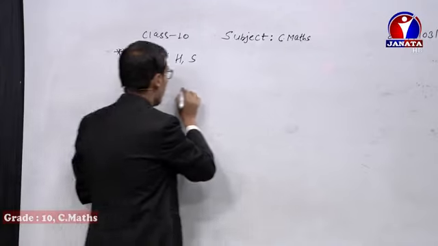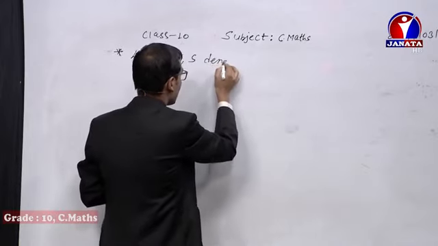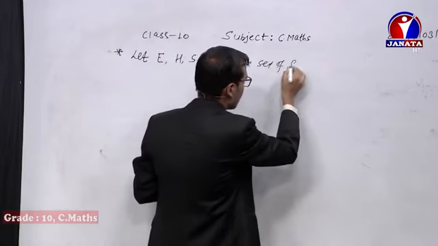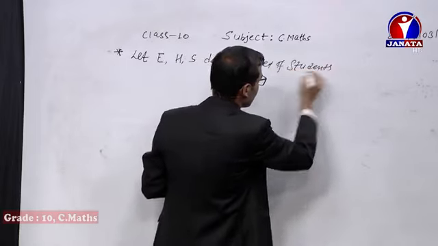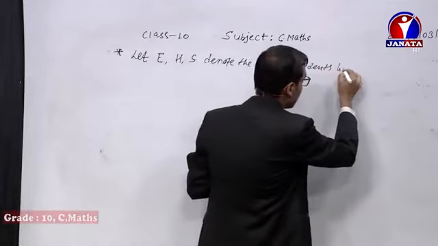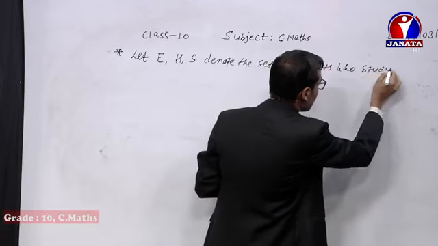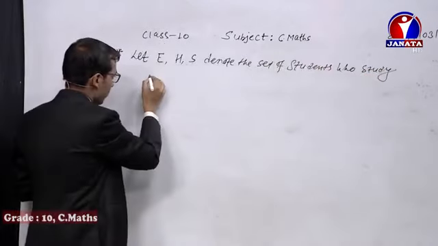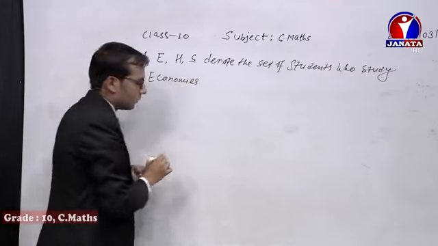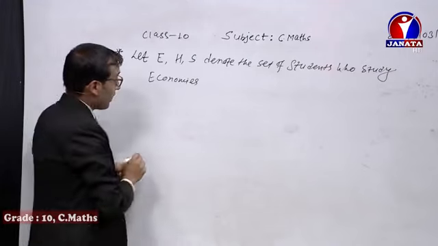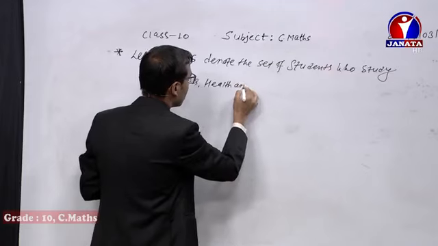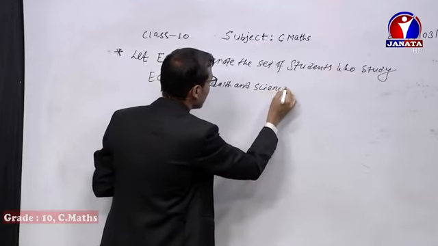Let E, H and S denote the set of students who study economics, history and science respectively.